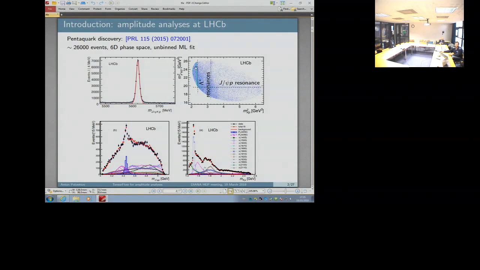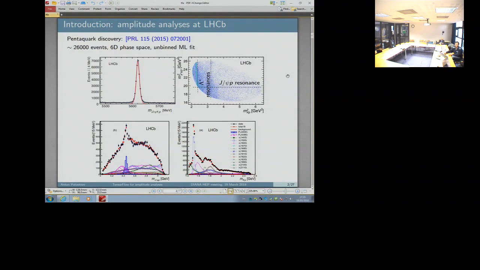This is actually a 6-dimensional phase space if you count the two invariant masses and then the angular distributions. There are a few tens of thousands of events, and we're doing an unbinned maximum likelihood fit to rather complicated functions containing a lot of resonances. And this is where we find this pentaquark peak in the J/psi proton invariant mass.